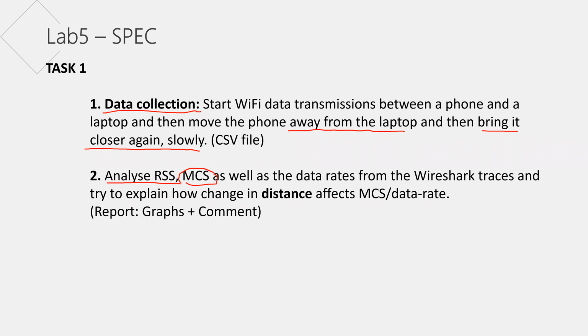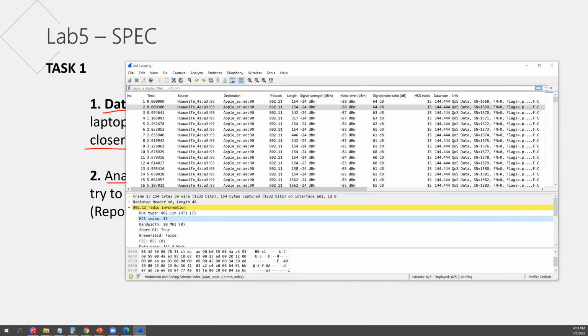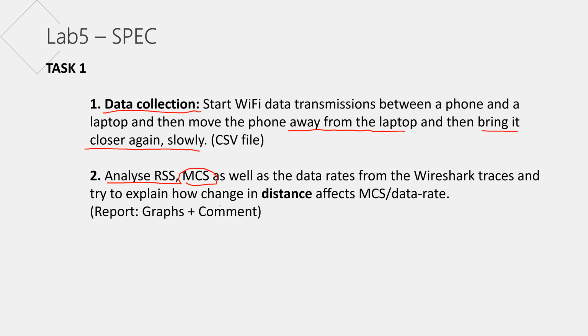So what is MCS? We have already learned, right? The MCS index you can find here, below the 802.11 radio information. If you cannot find this MCS index, maybe we can discuss later. So what we need to do is just analyze it.